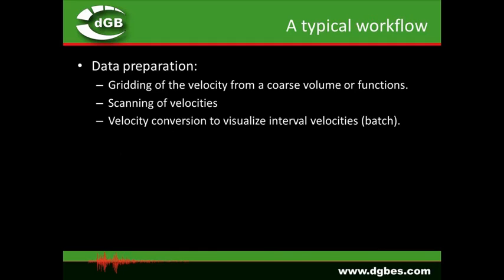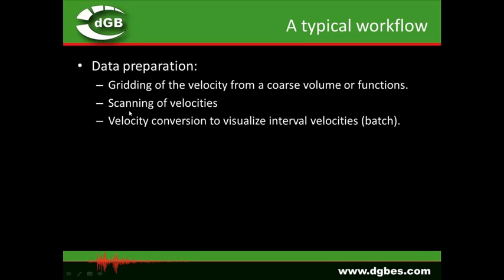After the data loading, you'll need to perform a number of data preparation steps that are specific to the VMB workflows. You'll need to grid your velocities from a coarse volume or from your picked functions into full resolution velocity volumes, and that is because the VMB plugins need a velocity trace for every gather of the PreStack data store.